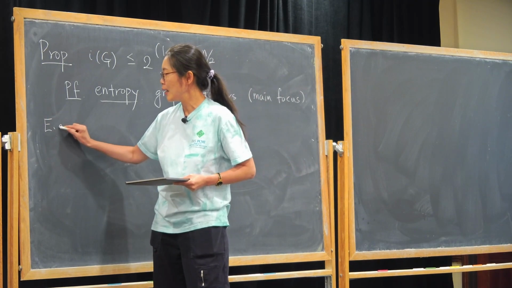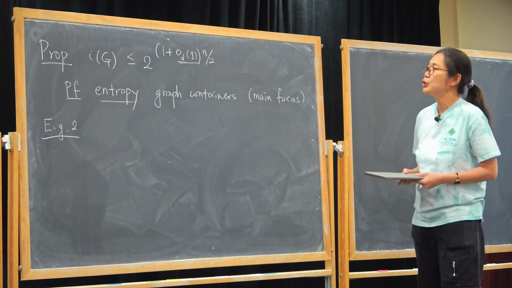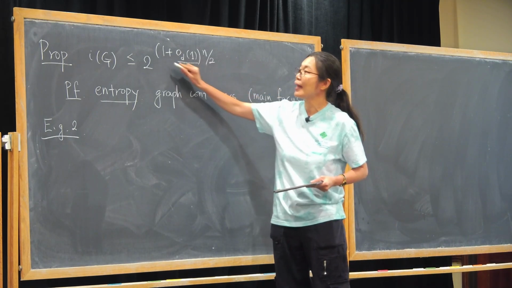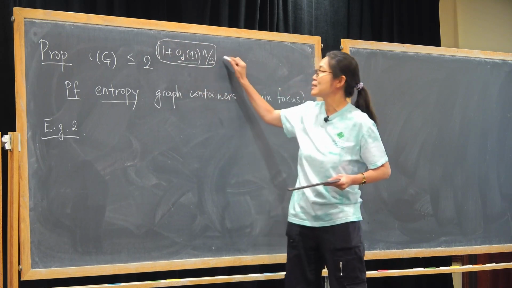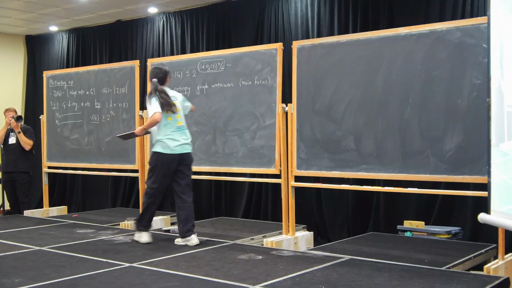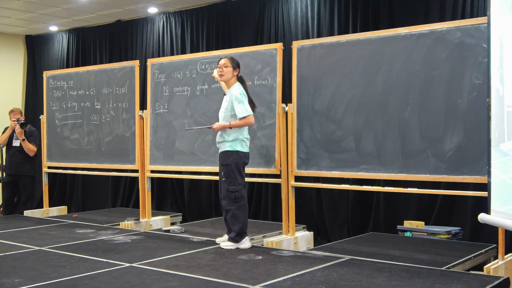Okay, and let me give you the second example. First of all, I want to point out that if you just look at the exponent, then this exponent is asymptotic to the exponent in our lower bound, n over 2, right? So in this sense, this upper bound looks pretty good.